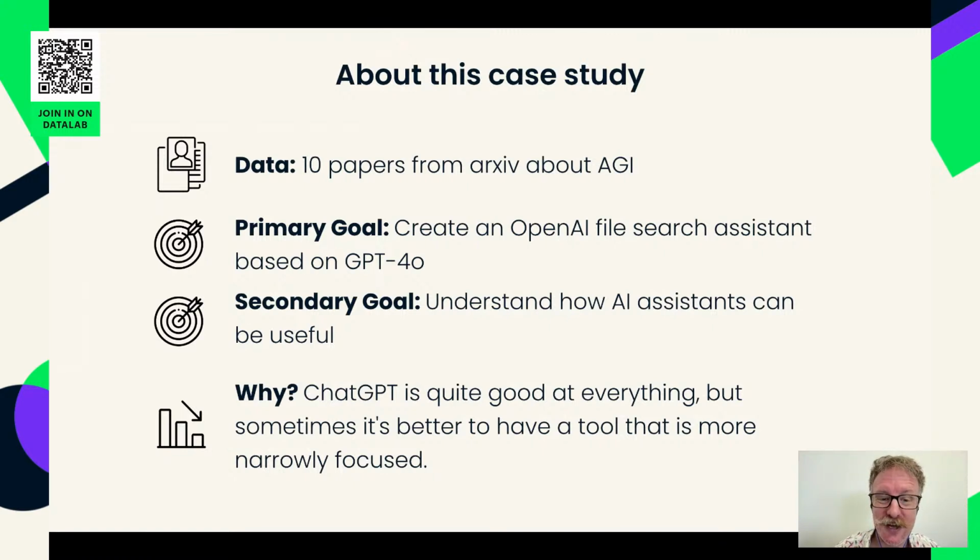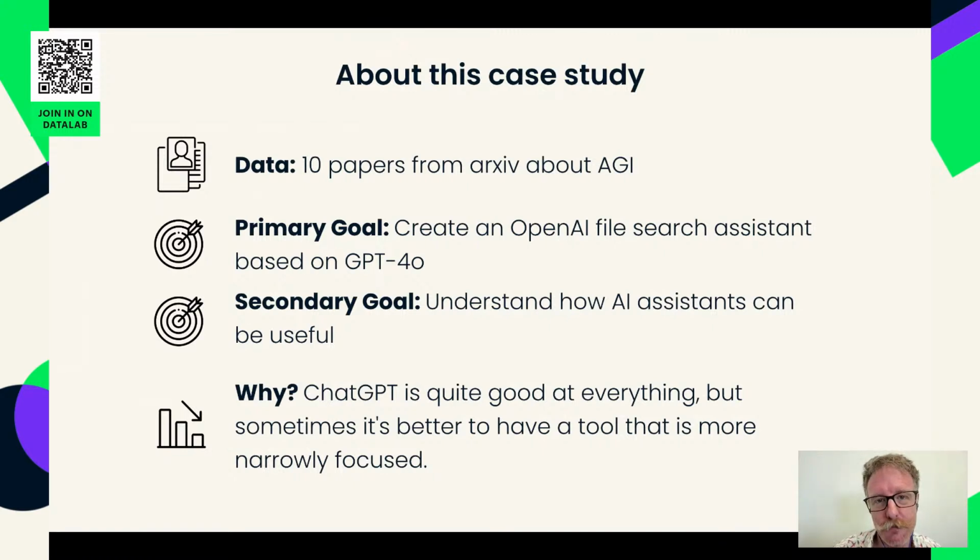ChatGPT is pretty amazing at generating text on almost anything. Quite often you want a tool that is a little bit more narrowly focused. In a customer service example, one of the big use cases of generative AI is creating customer service chatbots. You don't want your customer service chatbot to start writing poetry to your users.